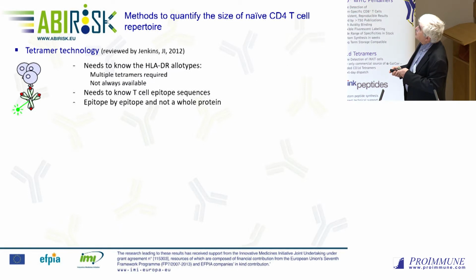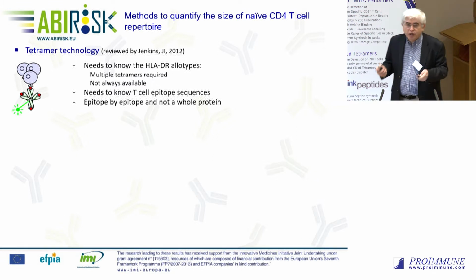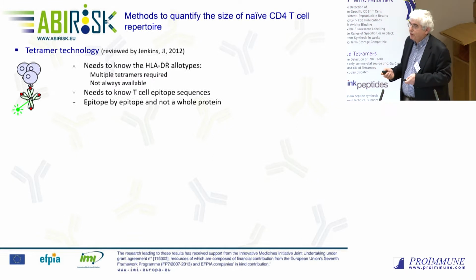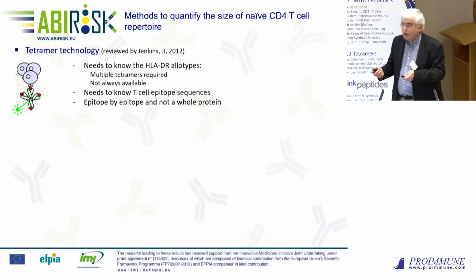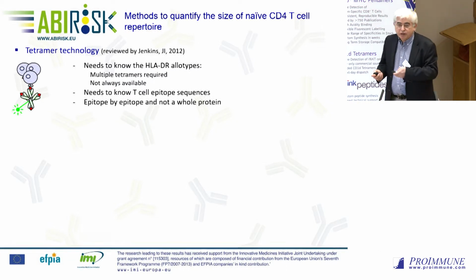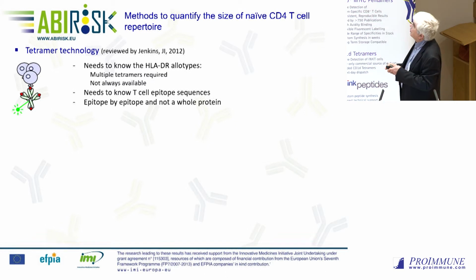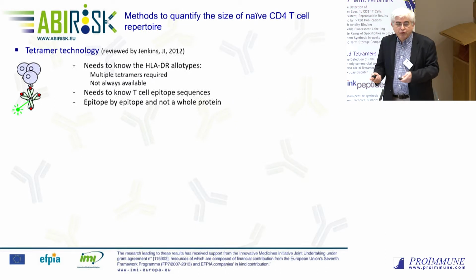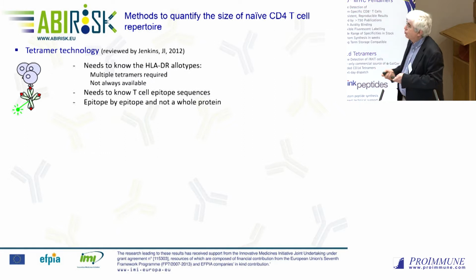The issue with this approach is that it's very appropriate to evaluate the response epitope per epitope. But if you wish to do it for a whole protein, it's much more difficult, because you need to know the peptide, you need to know the HLA molecule, so it's not completely convenient.